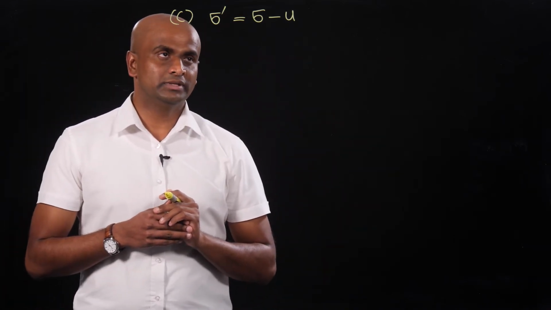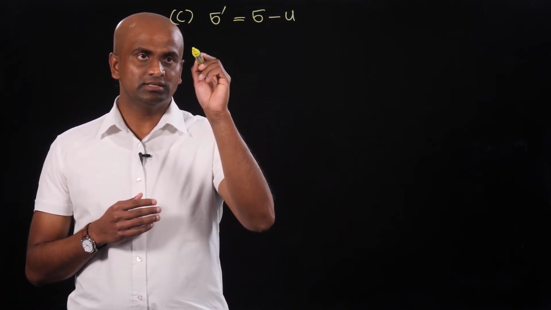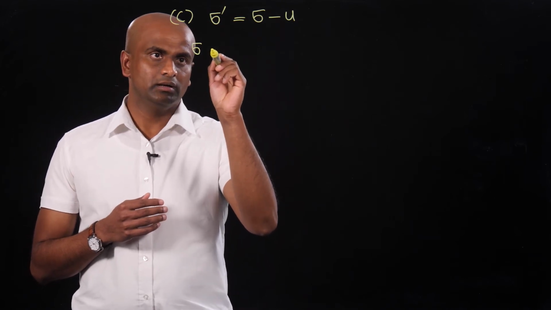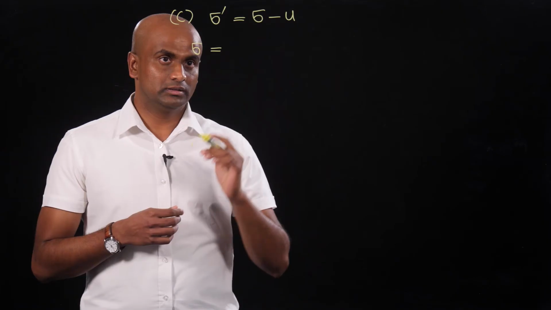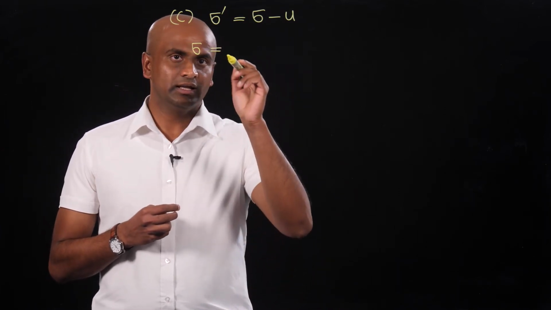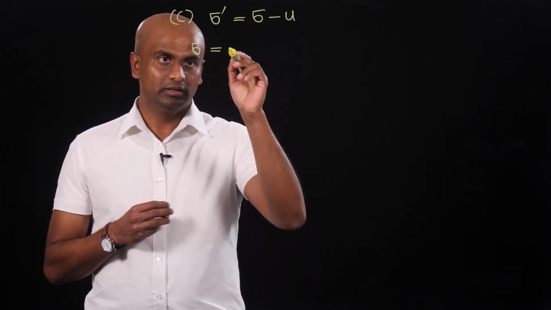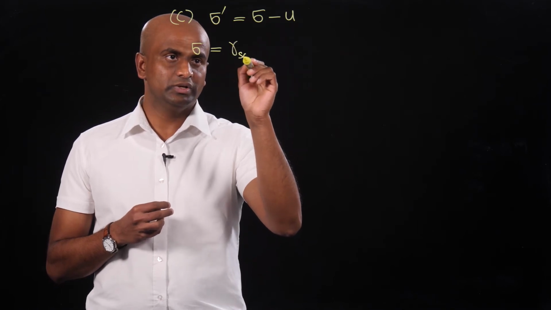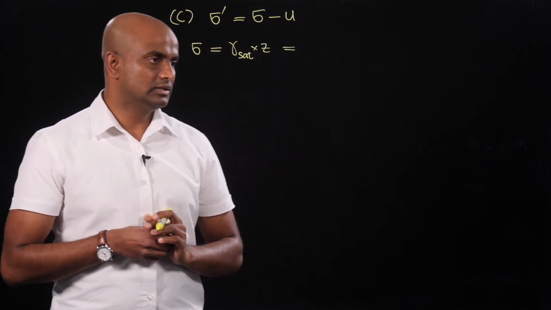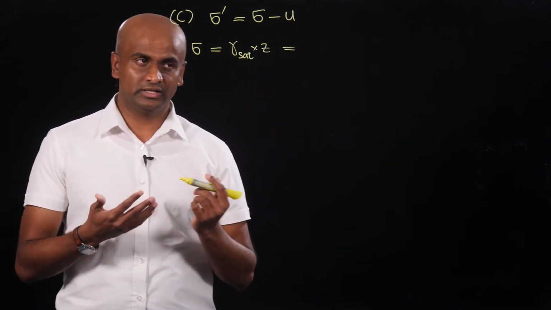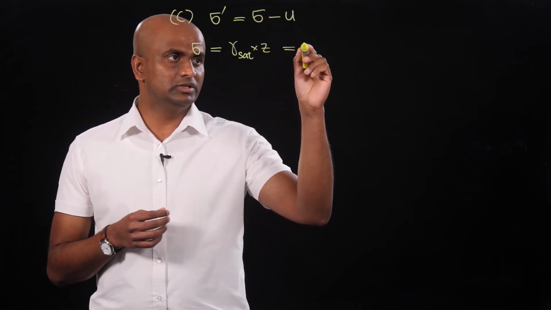To follow that approach, first we need to calculate the total stress, which is sigma at point A. As per the diagram, you can see that point A is 1.88 meter below the downstream boundary. So we can calculate the total stress as gamma saturated times Z. The given value is the density of the soil, and from that you should be able to calculate the saturated unit weight.